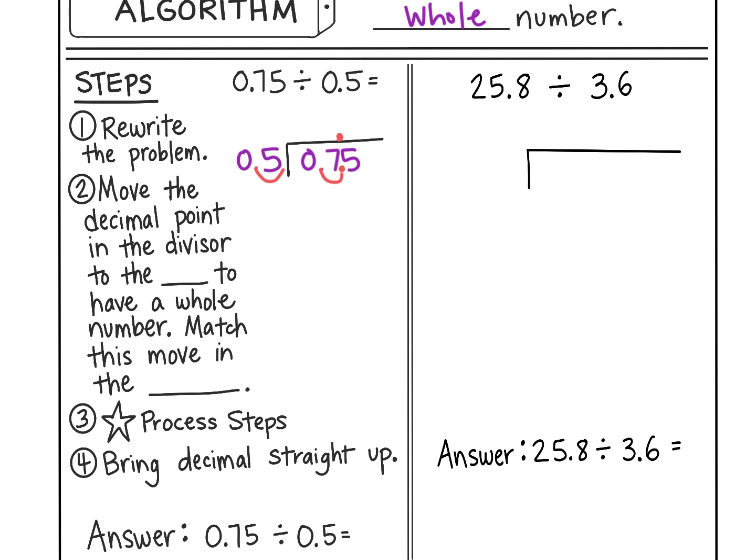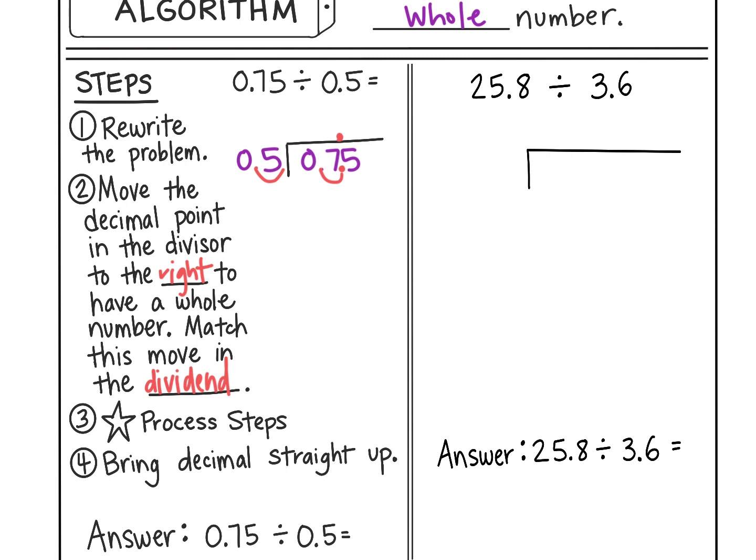Now I'm just going to divide like normal. After I move the decimal in the divisor to the right, I needed to match that same movement in the dividend. I've got my decimal popped to the top, and now I am just going to divide.